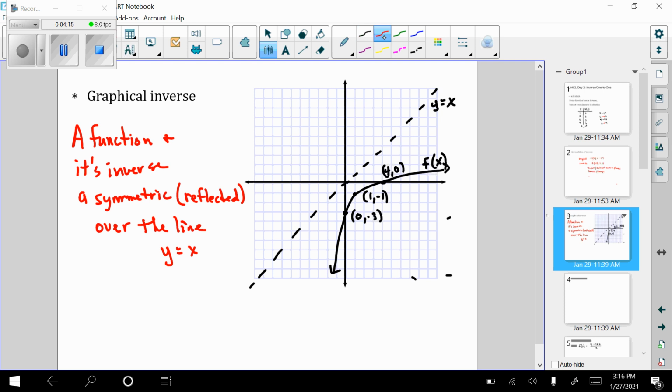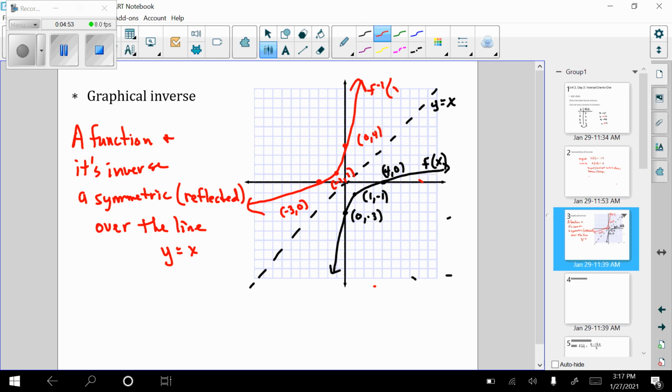If I'm going to graph the inverse, then all of those x and y values are going to switch. So I'm going to have negative 3, 0. I'll have negative 1, 1. And I will have 0, 4. So when I sketch this function, you can see that it is completely reflected over that line y equals x.